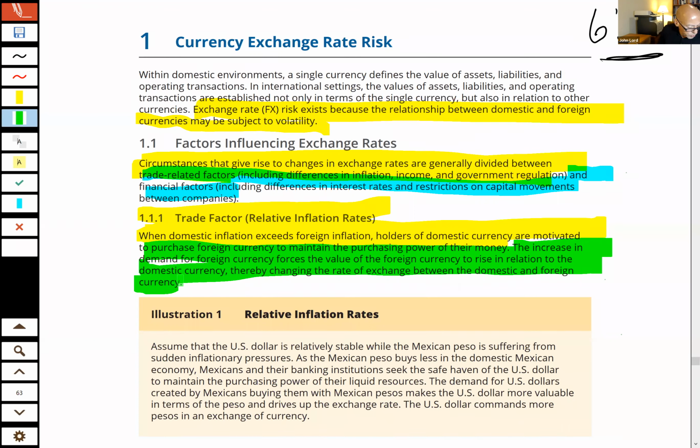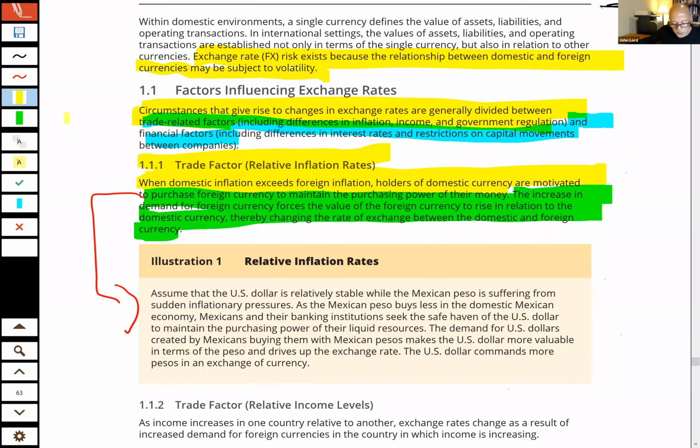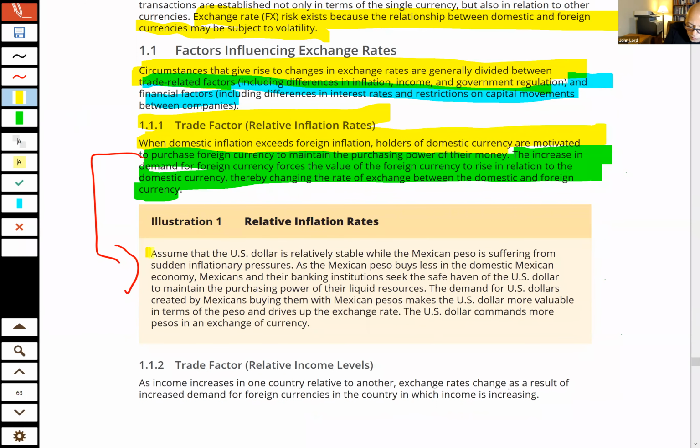Now, you look at that, and it is generally helpful to then read the examples. So let's go ahead and take a look at the example. Assume that the US dollar is relatively stable while the Mexican peso is suffering from a sudden inflationary pressure.